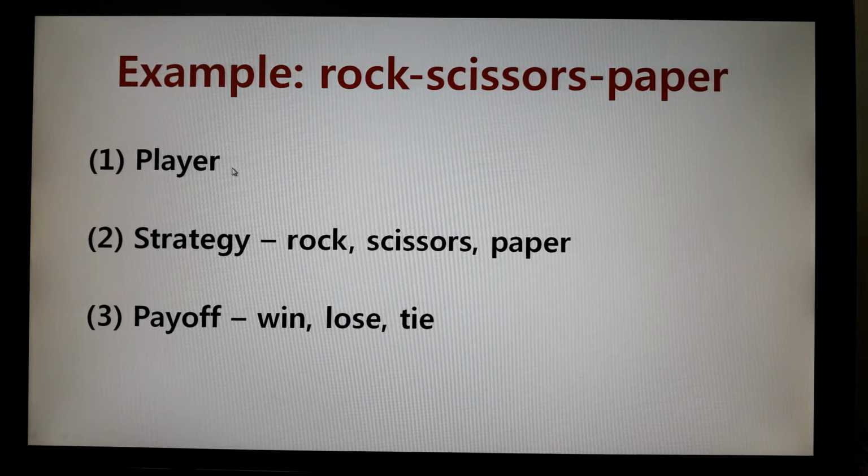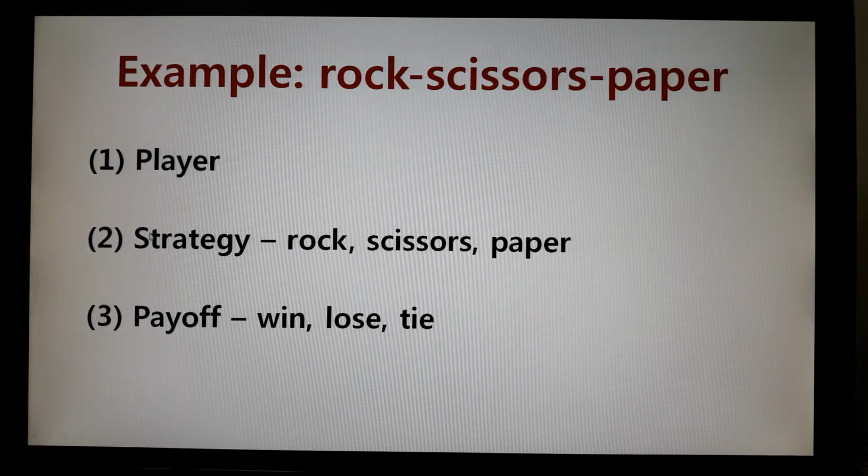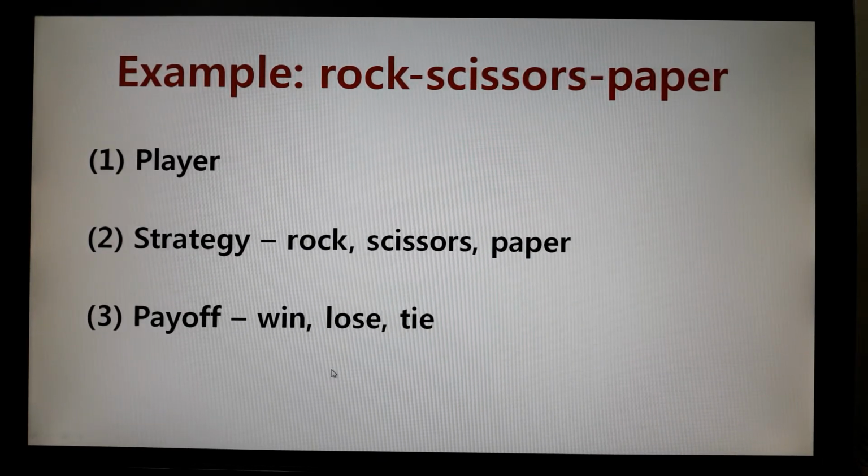Of course, the player chooses strategies, makes a choice, and which strategy they have chosen decides the payoff. Okay?